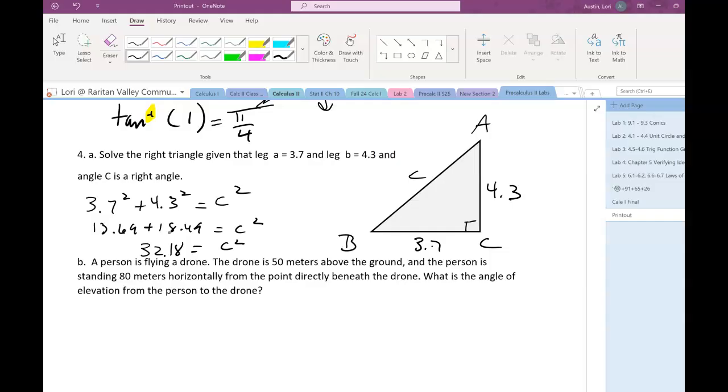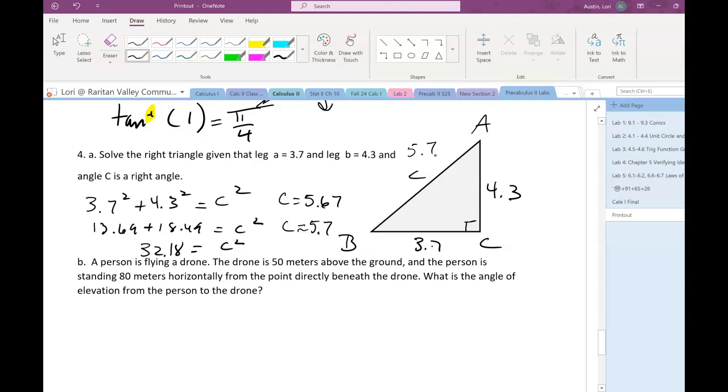I got 5.67. Since the other two sides are in tenths, we can round that to approximately 5.7, which is perfectly fine.